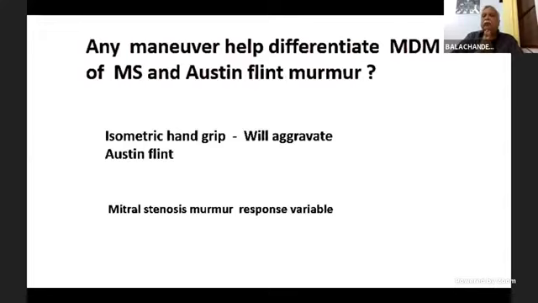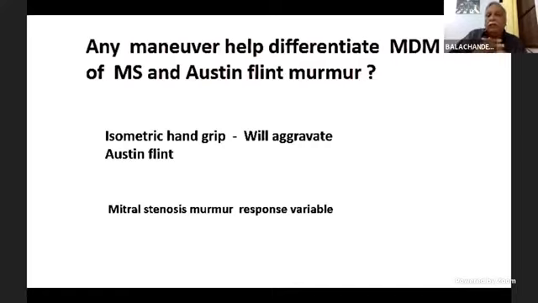Any maneuver to help differentiate the MDM of mitral stenosis from the Austin Flint murmur? Yes, the isometric hand grip will aggravate the Austin Flint murmur. In mitral stenosis, unfortunately, the murmur response is variable. It is not that it will decrease, it will vary.